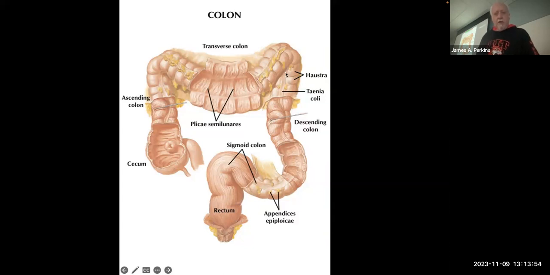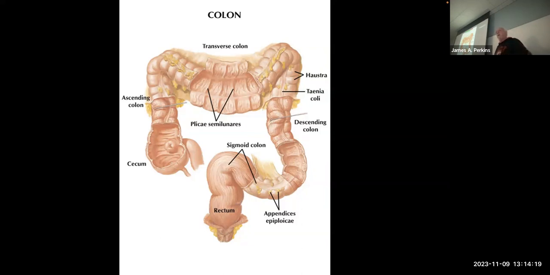Also on the outside of the colon are these 3 bands that run the length of the colon. You can see one of them labeled up here called taenia coli. If you were able to pick up a segment of the colon and turn it around in 3D, you'd see that there are actually 3 of these taenia coli running the length of the colon. They are muscular bands.